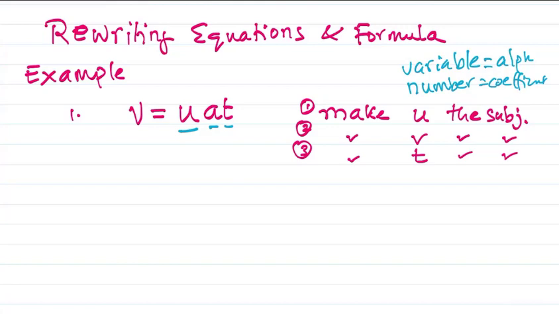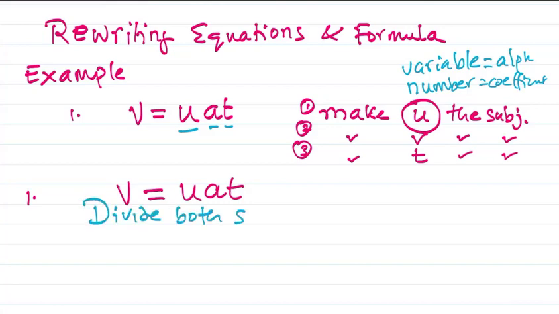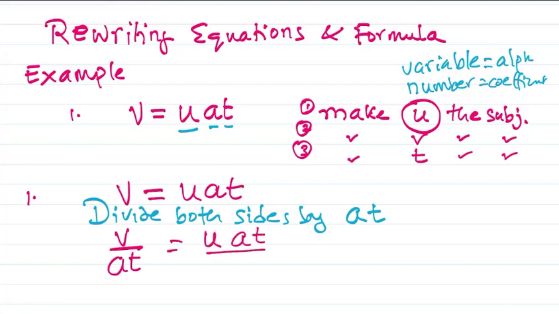When we have V equals UAT, our goal is to start with U. We want to make U the subject. This is number one. To make U the subject of the formula, we are going to divide both sides by A and T, and leave U alone. Therefore, we have V over AT and UAT over AT.